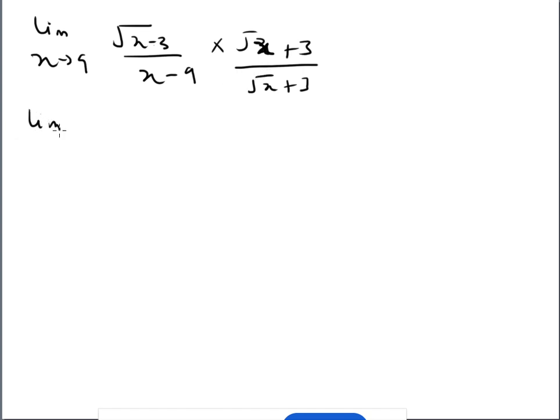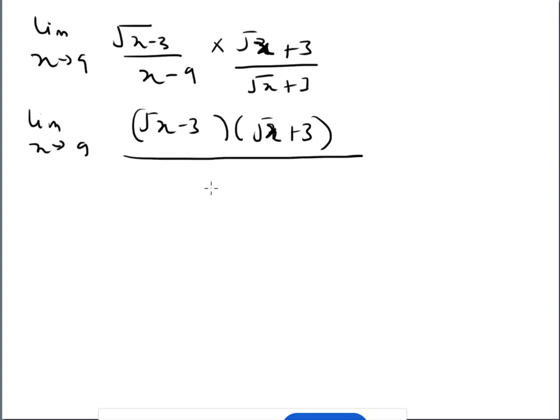So the limit as x approaches 9 gives us (root x minus 3) multiplied by (root x plus 3), all over (x minus 9) multiplied by (root x plus 3).